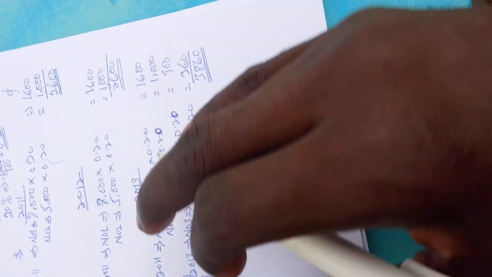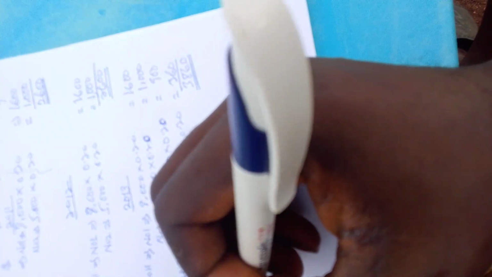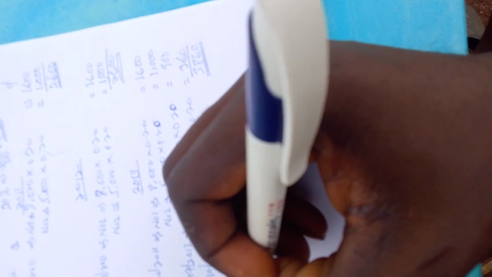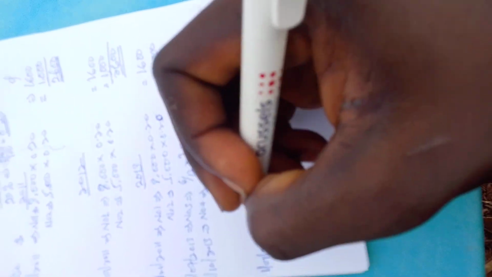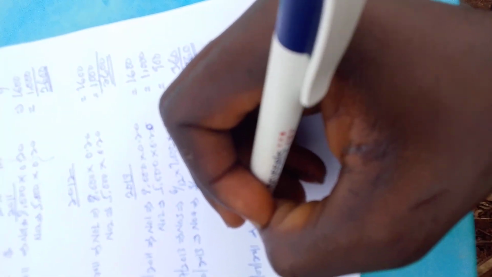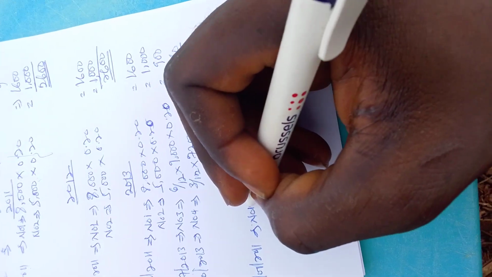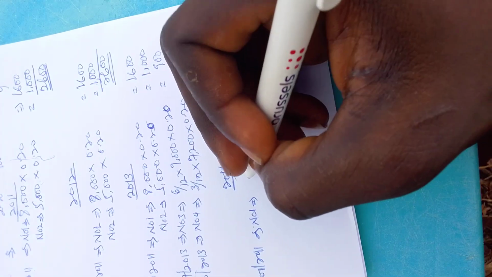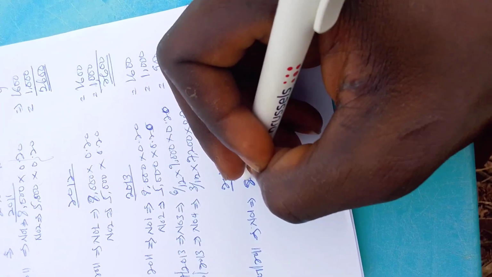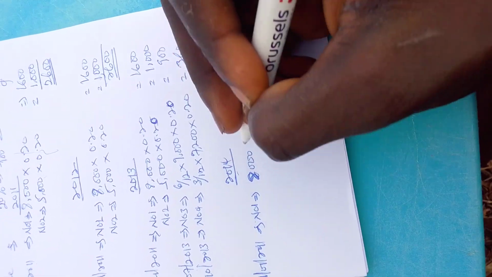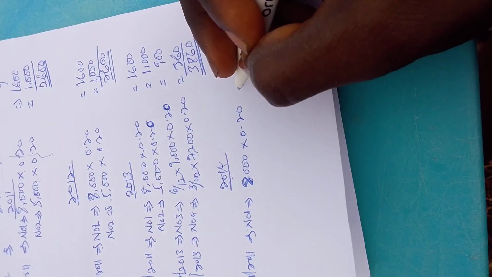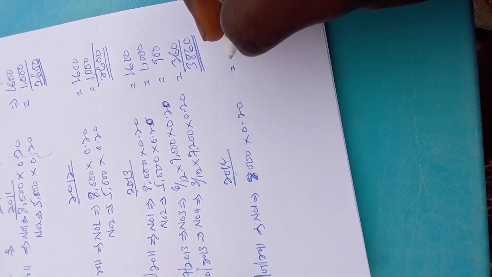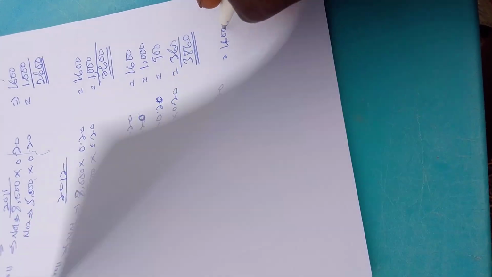So in 2011, 1st January 2011, asset number 1: $8,000 multiplying 0.20 was equal to 1,600.